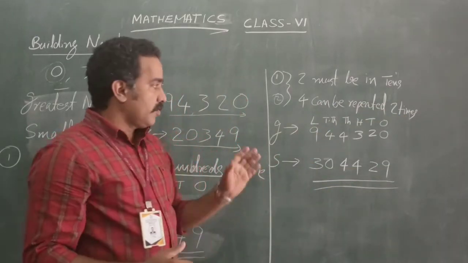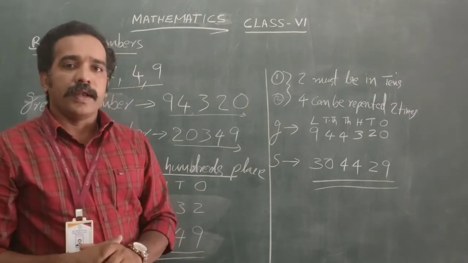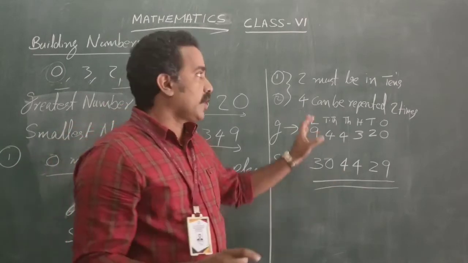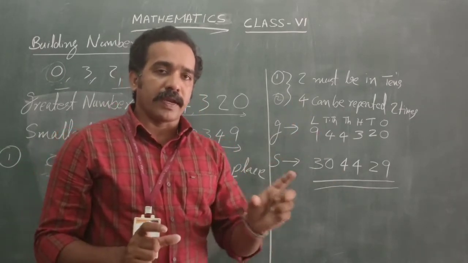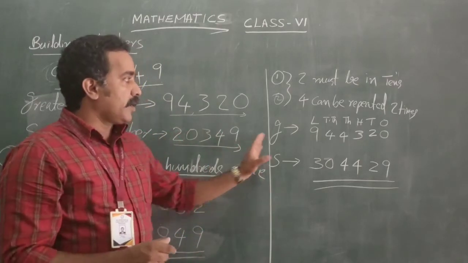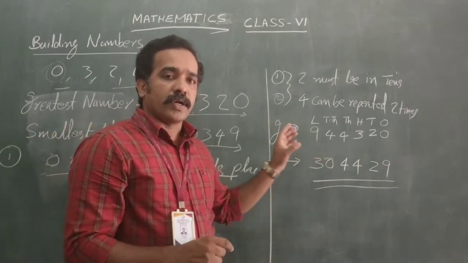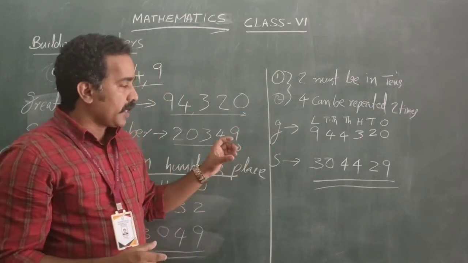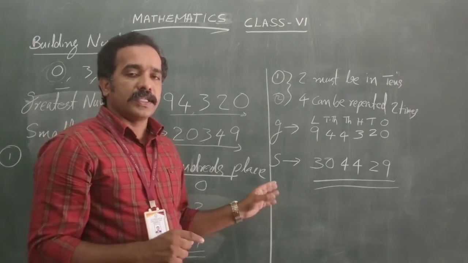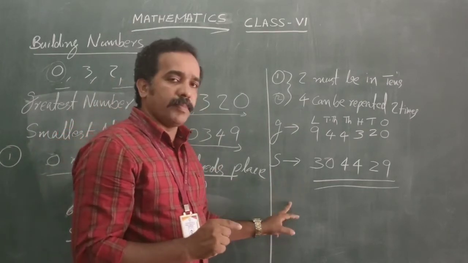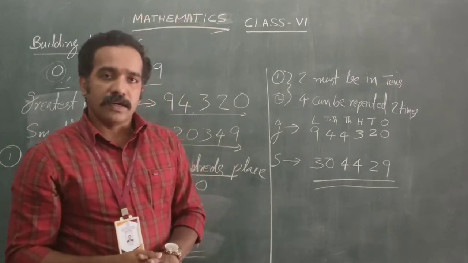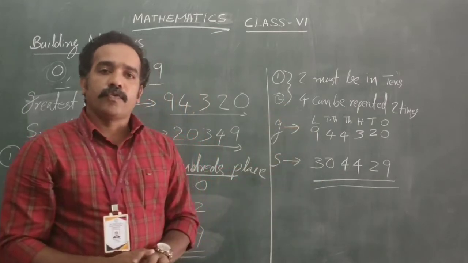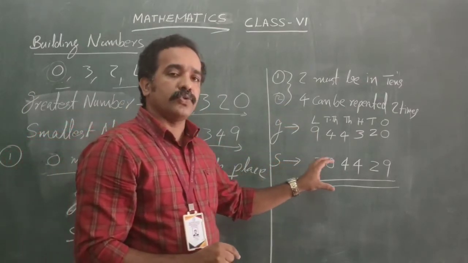So this is the way we are forming numbers. Look at the digits given and arrange according to the given condition. If you want to make the greatest number, you write the digits in descending order. Big digit first, then small, like that, descending order. If you want to make the smallest number, write the digits in ascending order. Small digit first and then the bigger digits last. So that is the way of making numbers using given digits.